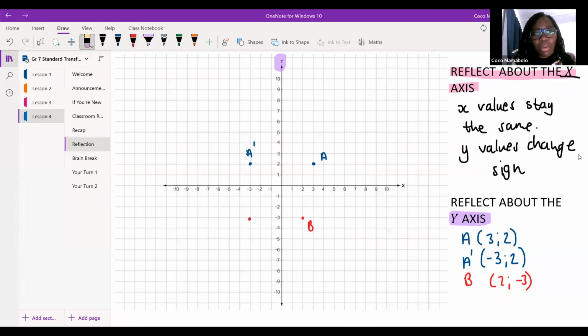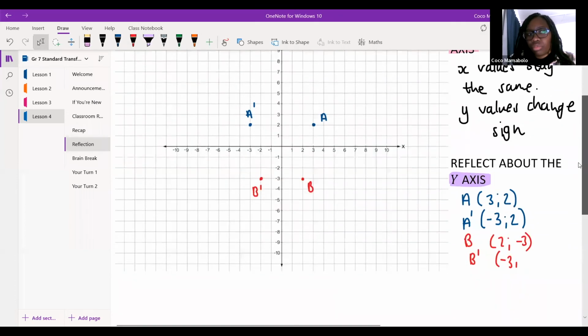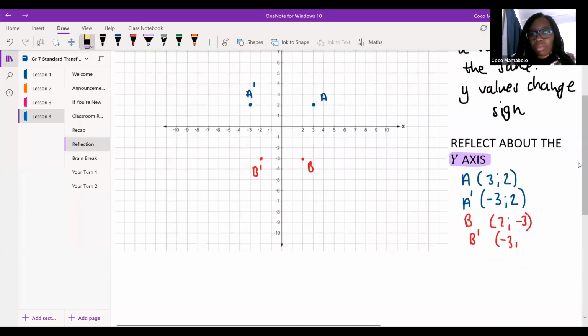Nope, I missed it by 1. I always do this. Okay, here we go. B prime. Hermione, I saw your hand. Can I ask you to raise your hand again? -2 and -3.